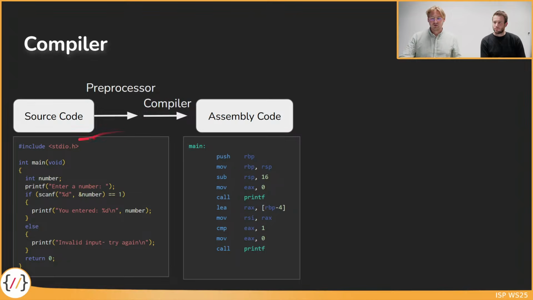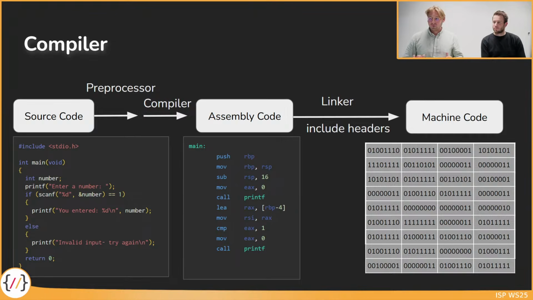So this code in C here is the same as the code in assembly here. We can still read some parts of it, but it's definitely not as convenient to write as C. A little harder to understand, but it somehow makes sense. And for sure, you will hear about that in another lecture. Now we have simplified a bit.